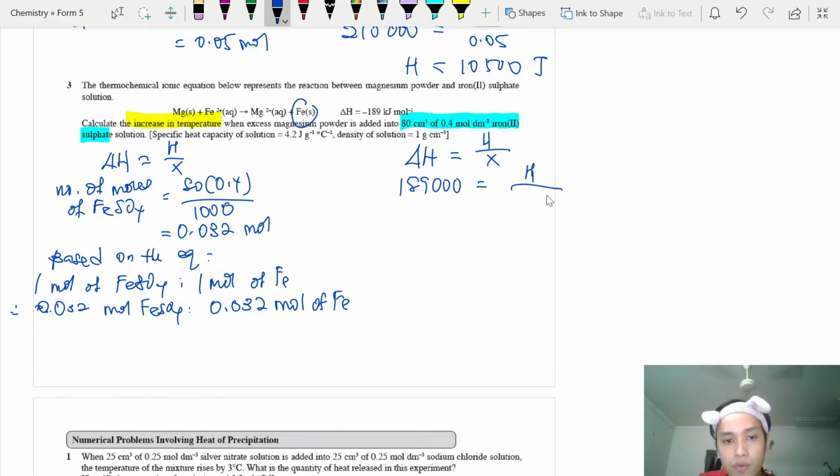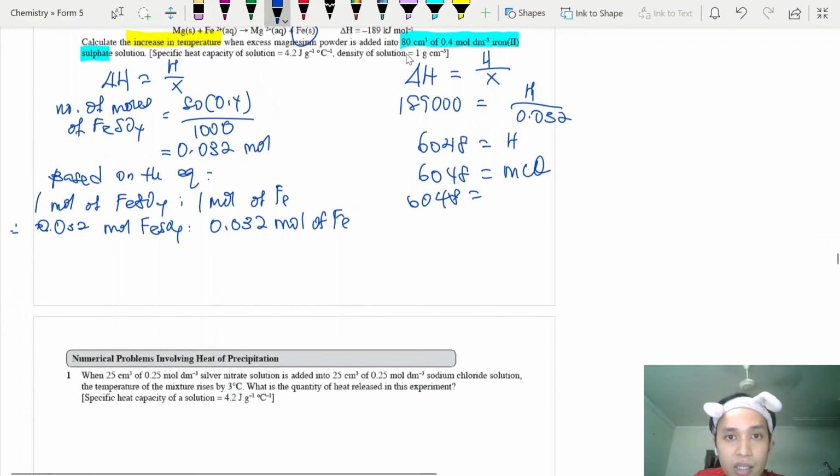Alright, heat of reaction times number of moles, 0.032. So 18900 times 0.032. So the heat energy released, write it in this way, 6048 equals H. And then your heat energy released formula is mc theta.